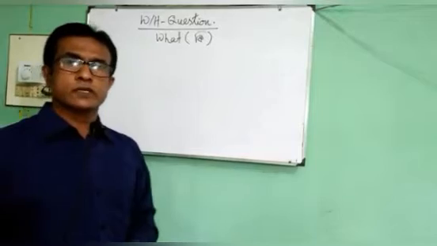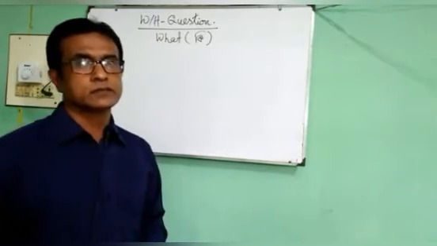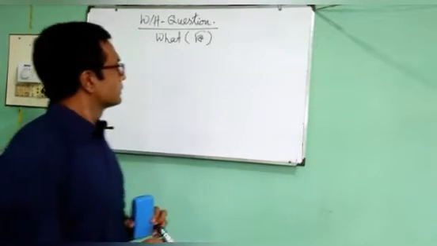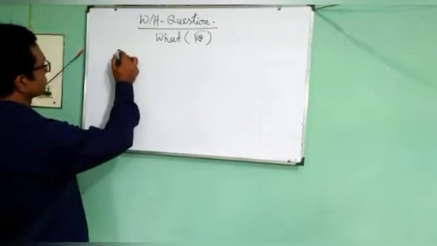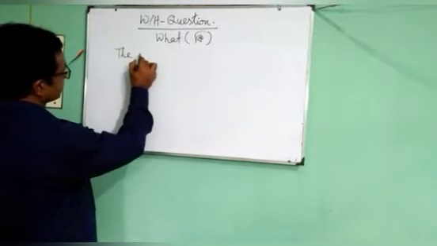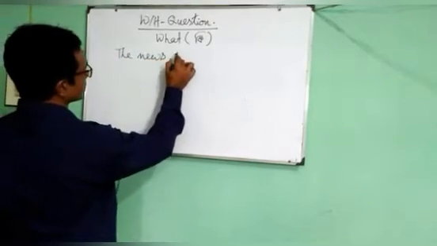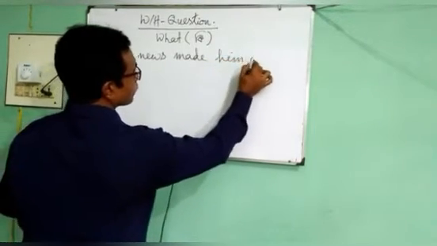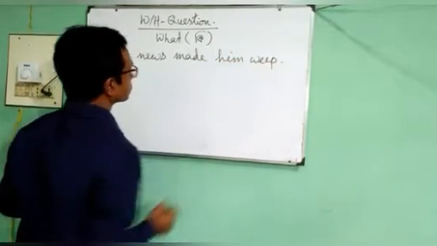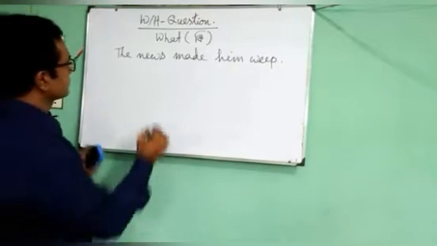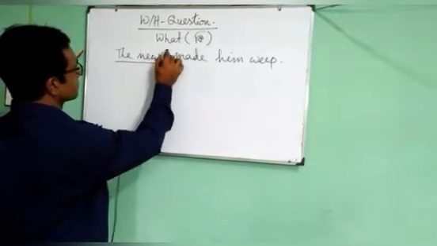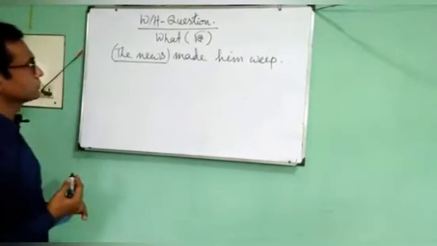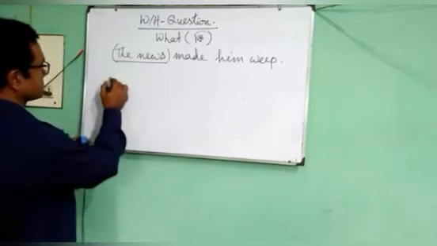You can also use what to make a question for knowing the subject. Look, the news made him weep. In this sentence, the news is the subject. We can make a question to know the subject.